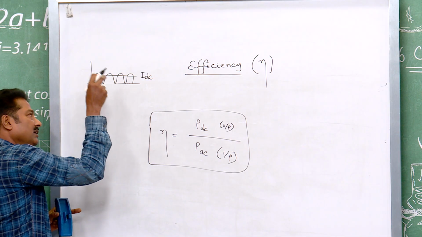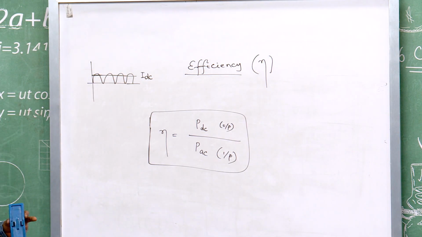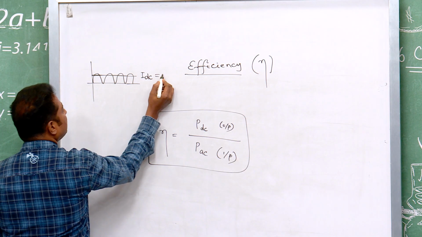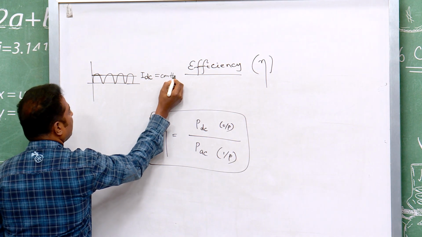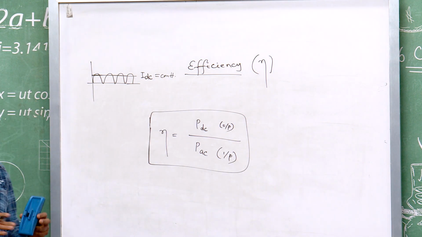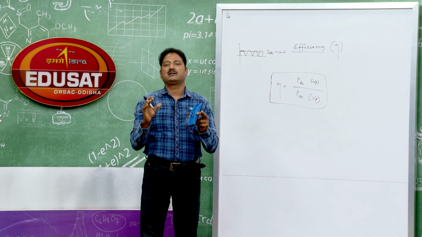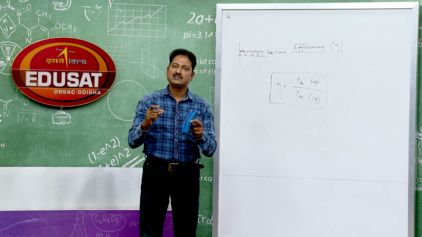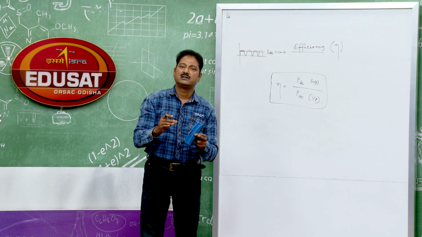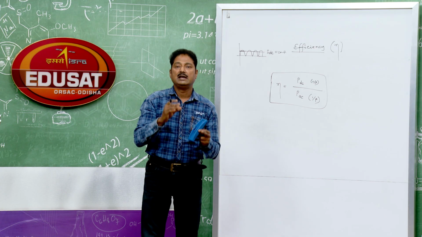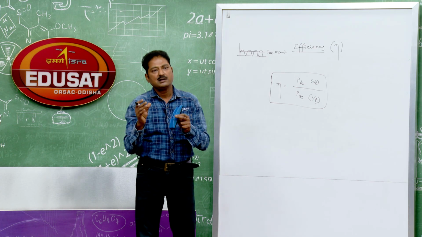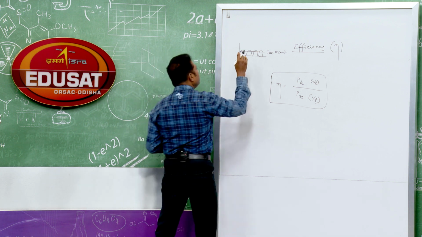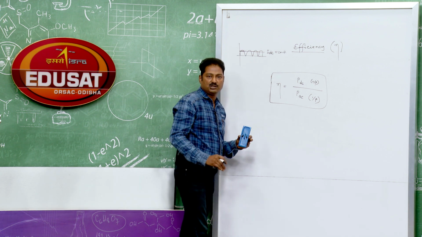This is fluctuating, but the constant value we assume is DC current. IDC we name and it is constant. So, what is IDC? Now, IDC is that constant current which sends the same amount of charge in the same time duration as is sent by the fluctuating current in the same time duration.